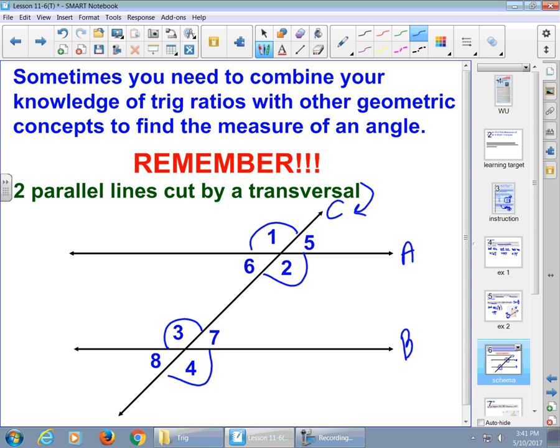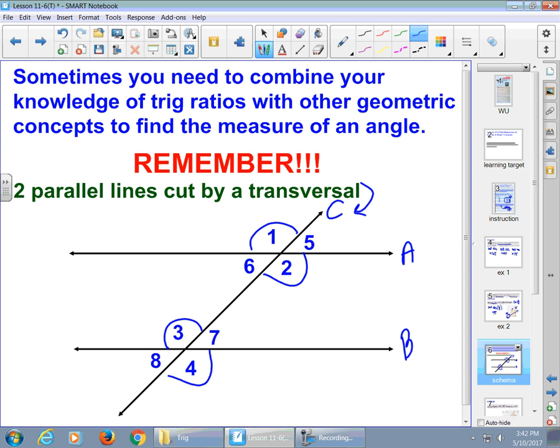Now, angles 1, 2, 3, and 4 are actually all equal to each other because 1 and 3 would be what we call corresponding angles. 1 and 4 would be what we call alternate exterior angles, and 2 and 3 would be what we call alternate interior angles. Okay, now if you don't catch all that, that's fine.